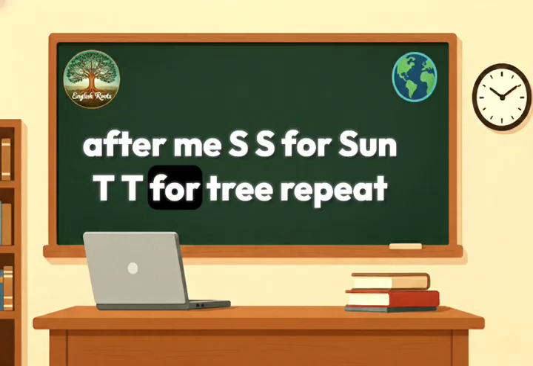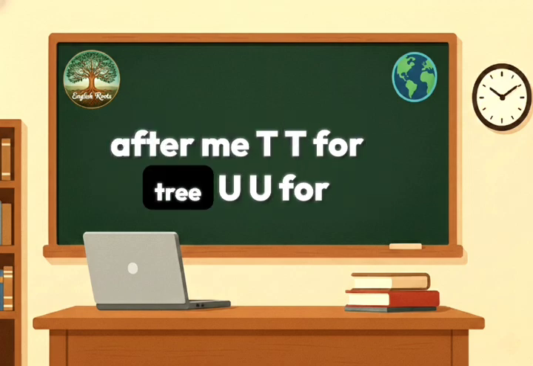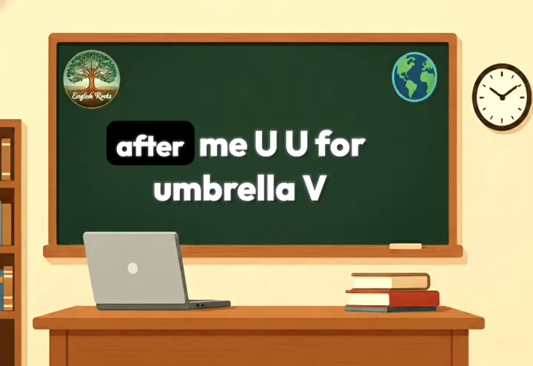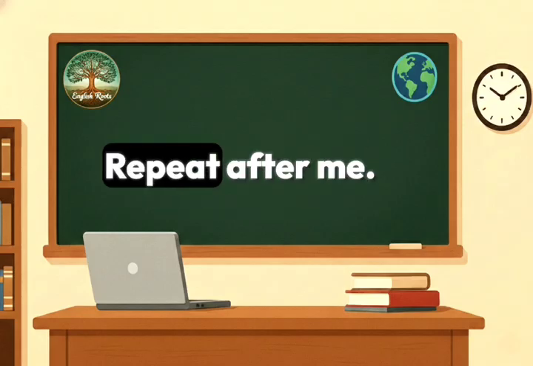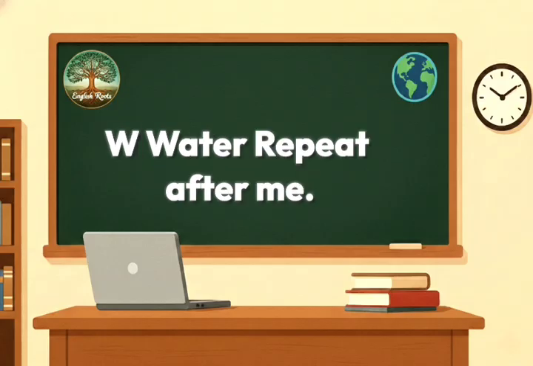T for tree. Repeat after me. T for tree. U for umbrella. Repeat after me. U for umbrella. V for van. Repeat after me. V for van. W for water. Repeat after me.